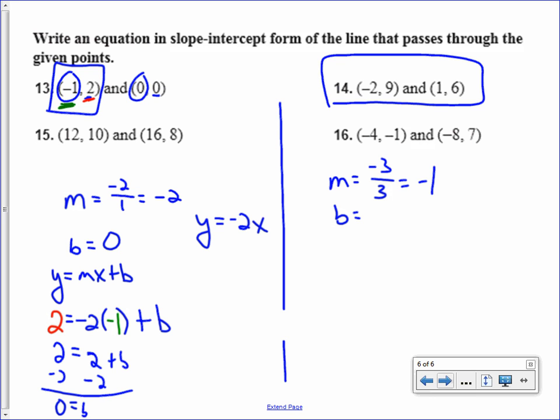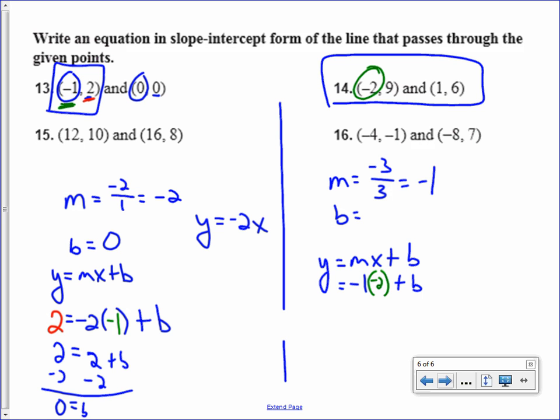Again, to find that b value, we're going to have y equals mx plus b. I know that the m we just found was -1. We don't know what the b is. I know that the x value, right from this point right here, is -2.